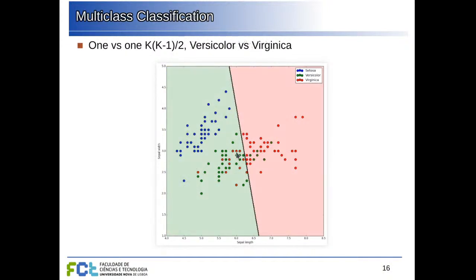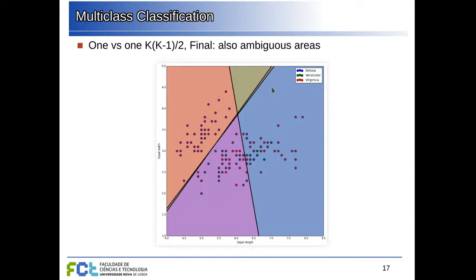This way we can tell where a point belongs by classifying it with all the classifiers and seeing what they conclude. The problem is that there are regions where the classifiers disagree, so they give us different classifications, and again we have these ambiguous areas where we don't know how to solve this problem.